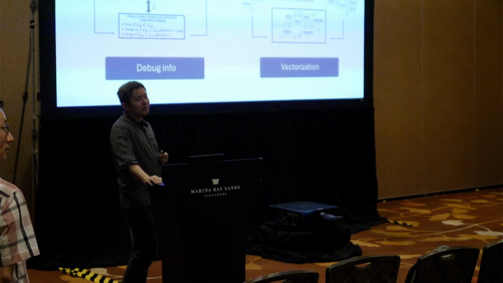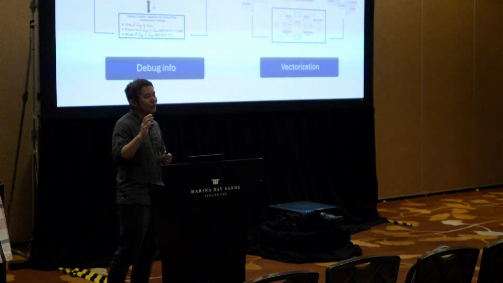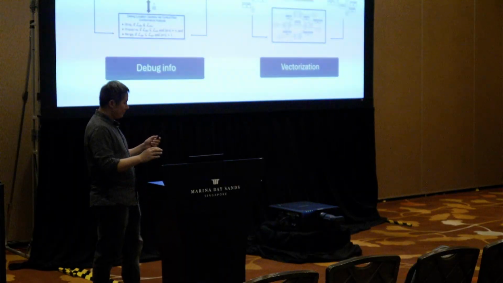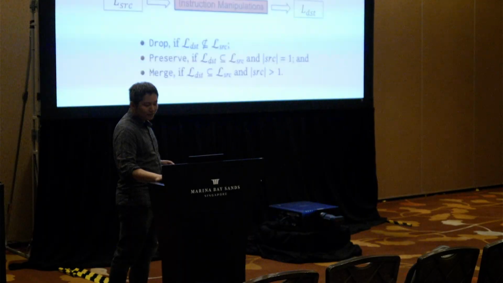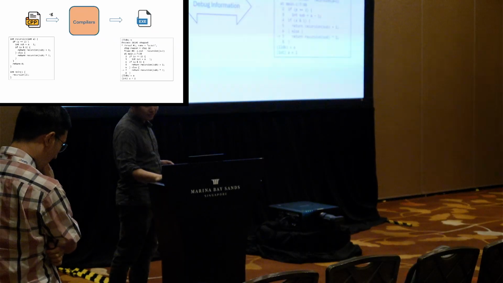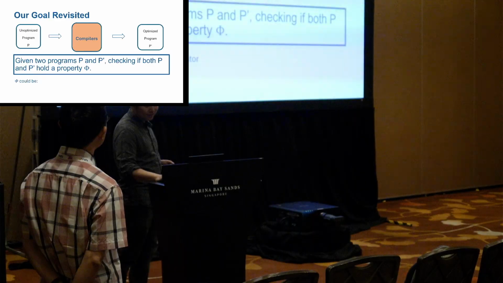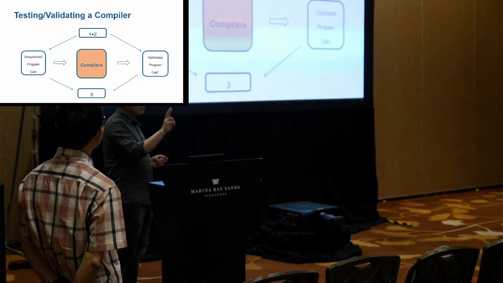The original program, yes, we need. Yeah, that's the point of validation, right? So validation, basically, you need to prepare a set of tests. Yes. So in a traditional setting, there are two levels of input.